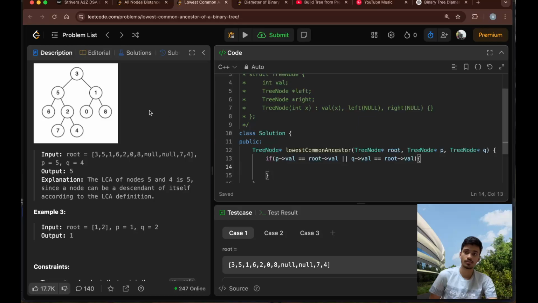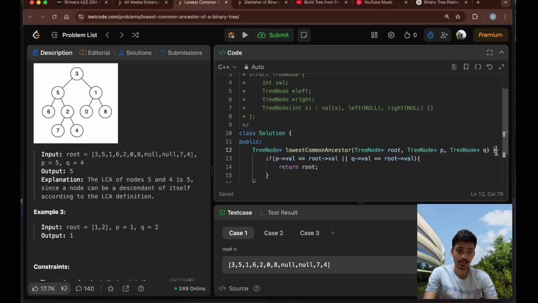So return the root if any of them is the root. We do not need to find Q.